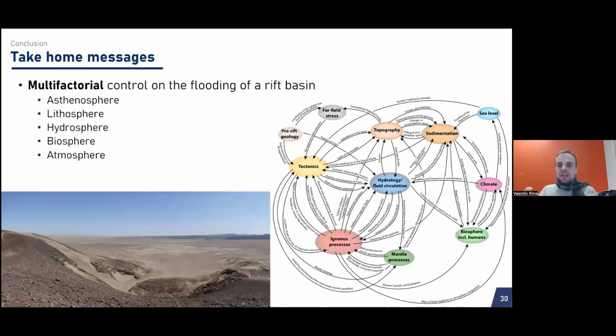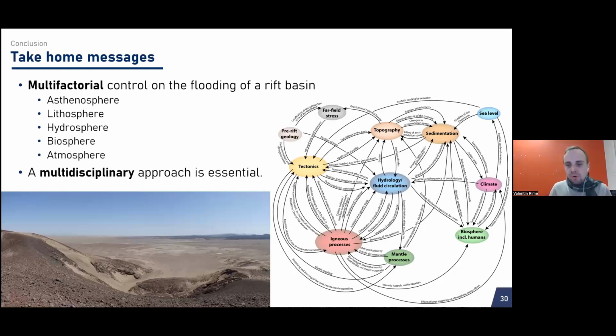These factors have influences over very different spatial and temporal scales, and they influence each other. During one flooding cycle, one factor might be critical, but this might change during the subsequent flooding. So each rift has its unique characteristics, and each flooding is probably unique, and I think that we cannot generalize this.